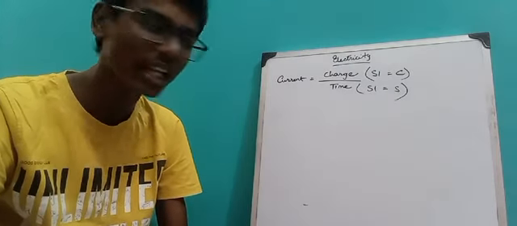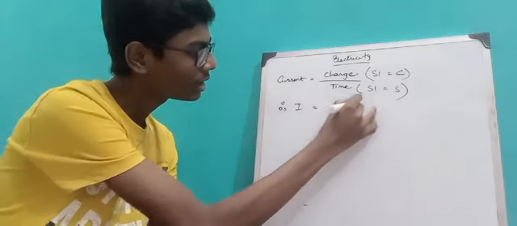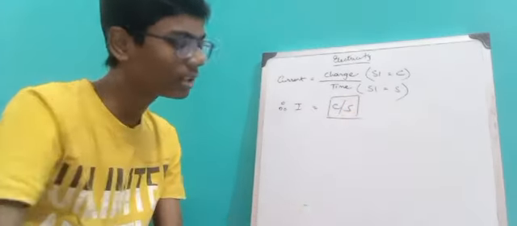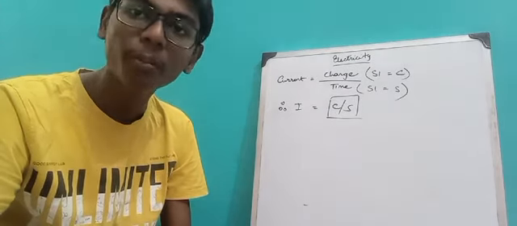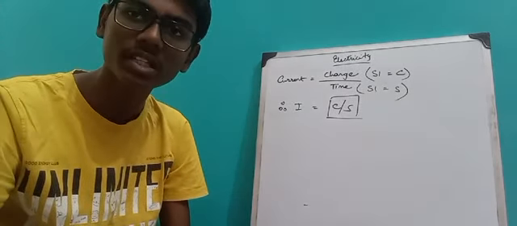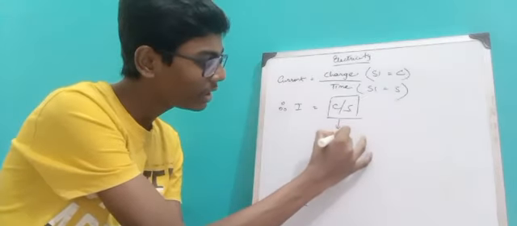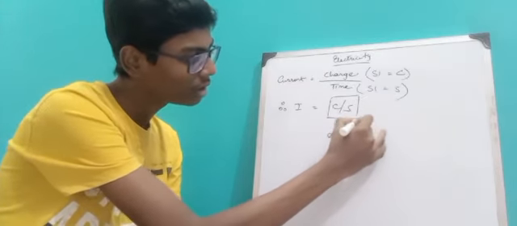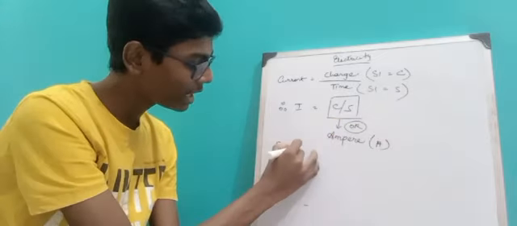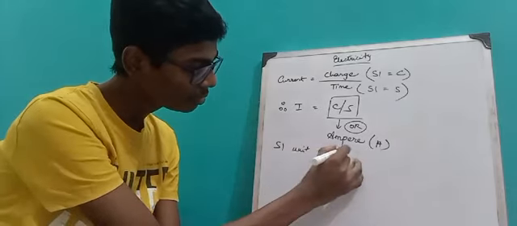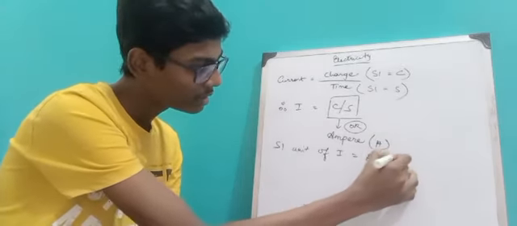Therefore current, represented by I, is coulomb per second, C by s. This is also called the ampere, represented by A. So the SI unit of current is the ampere, that is coulomb per second.